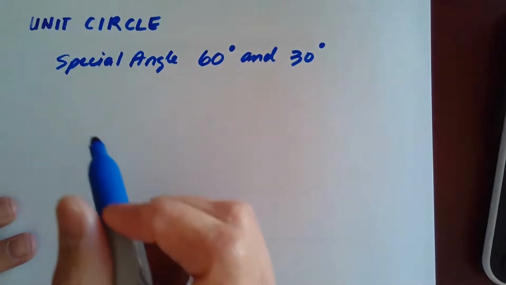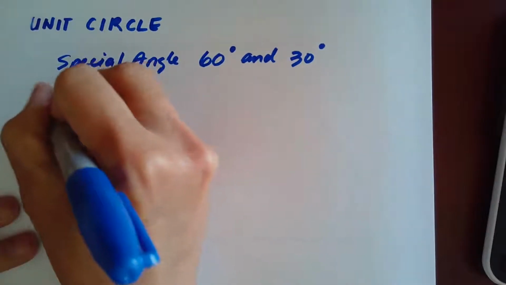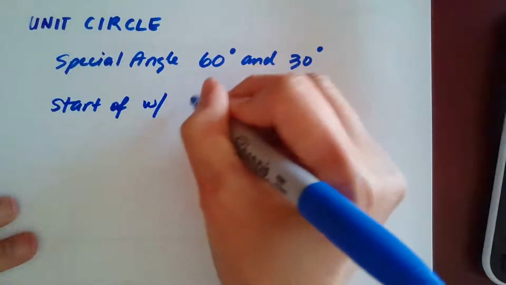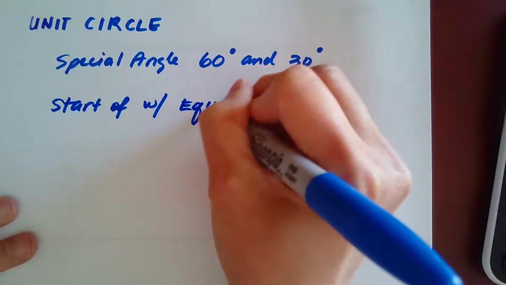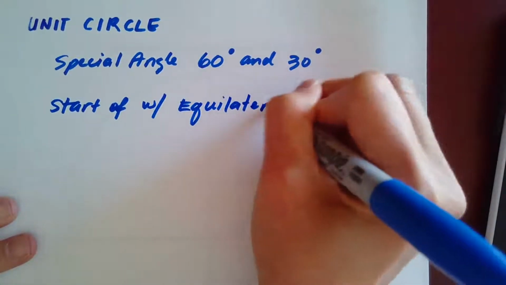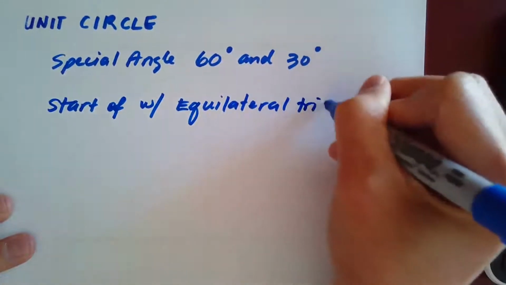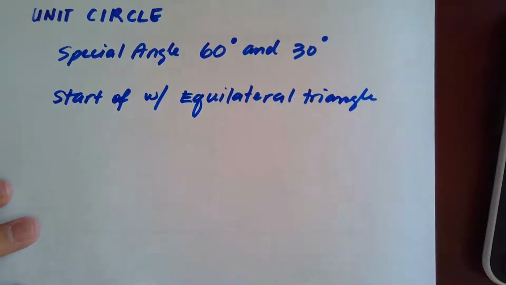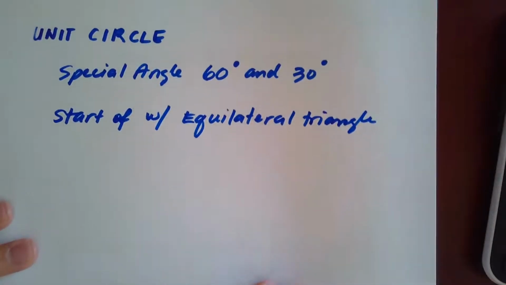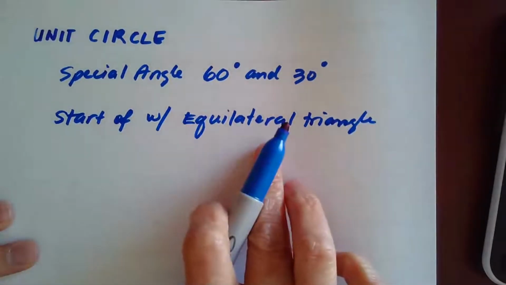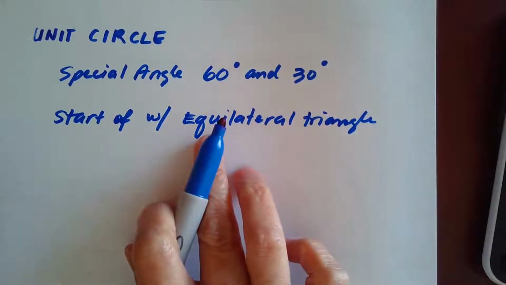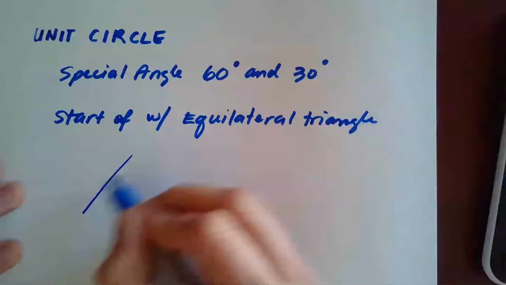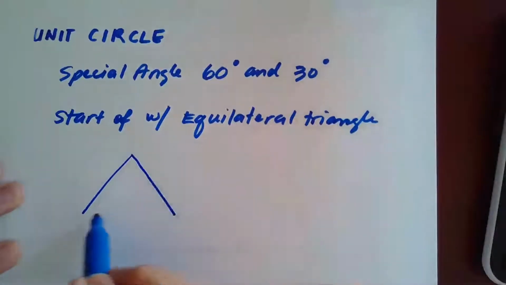Well, I'm going to start off with an equilateral triangle. What does equilateral triangle mean? Equilateral triangle means a triangle with three equal sides.